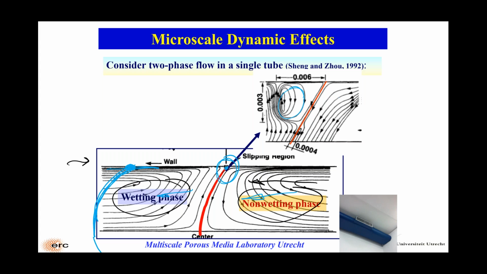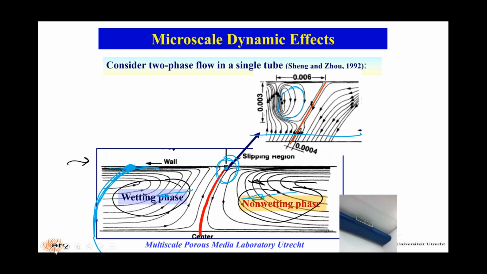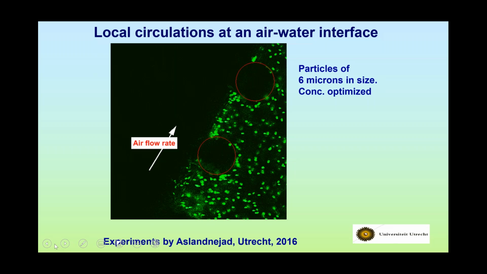You have these circulations of the two liquids. And these are caused by those viscous stresses that I just mentioned to you. These viscous stresses cause circulations around the interface, and they calculated that Pn minus Pw is not equal to 2 gamma kappa when there is movement.